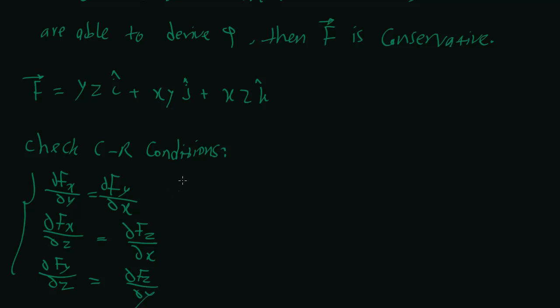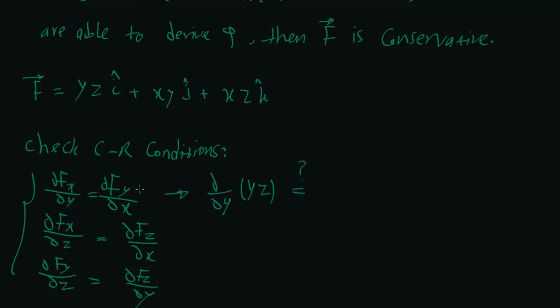So let's check the first condition. The derivative of the x component with respect to y. The x component is yz. So here we basically have the derivative with respect to y of yz. We don't know if it is true or not. We have to check this.